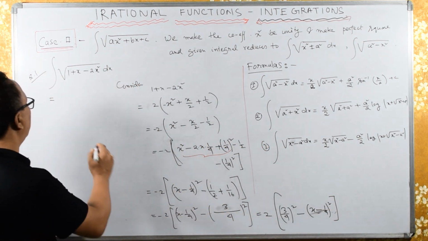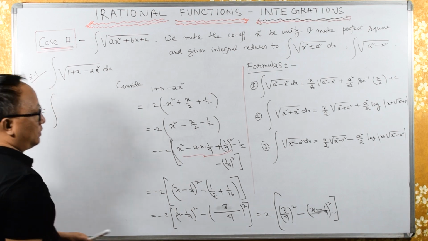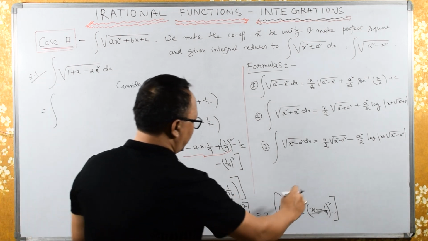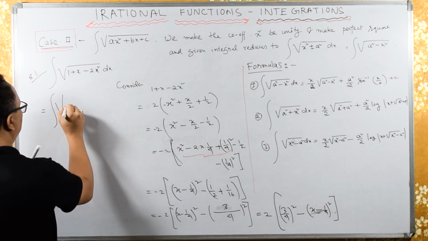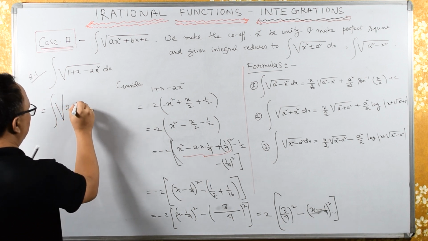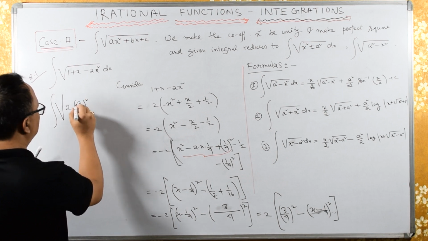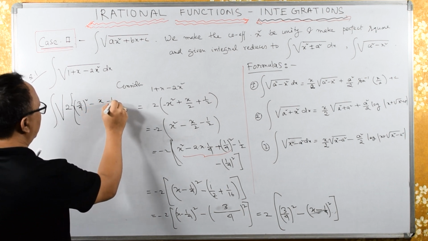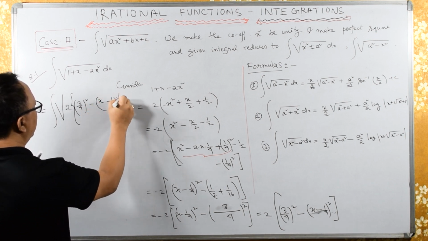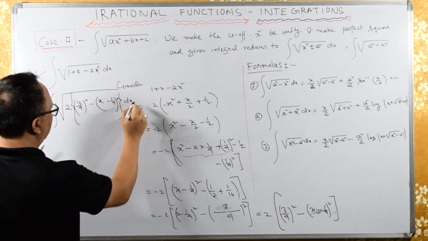Now this equals the integral of the square root of 3 by 4 whole square, second bracket, minus x minus 1 by 4 the whole square, this into dx.